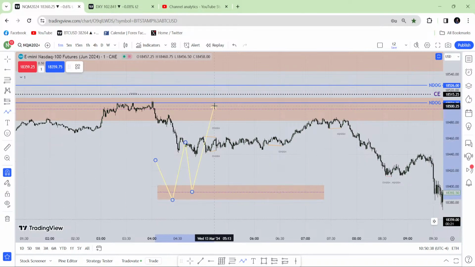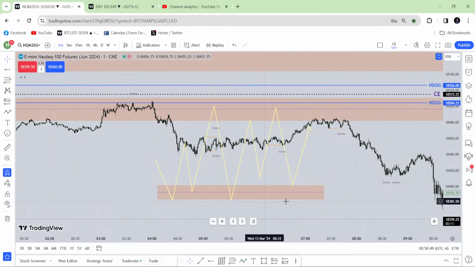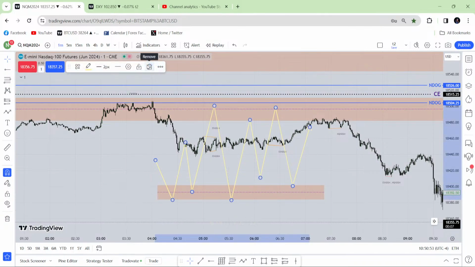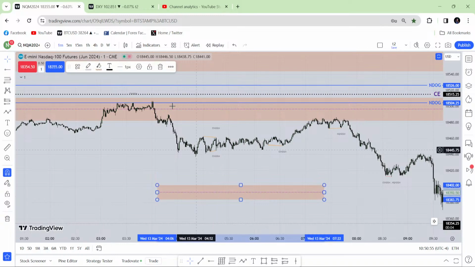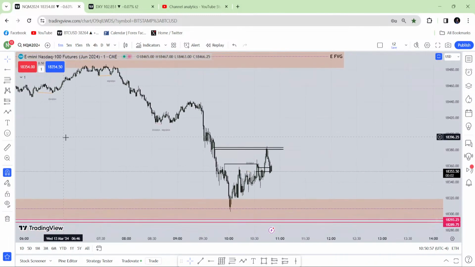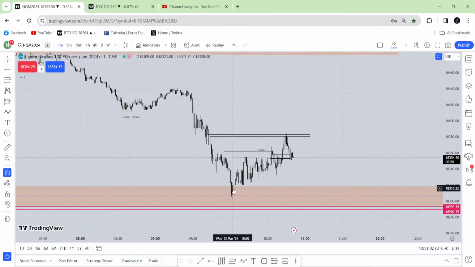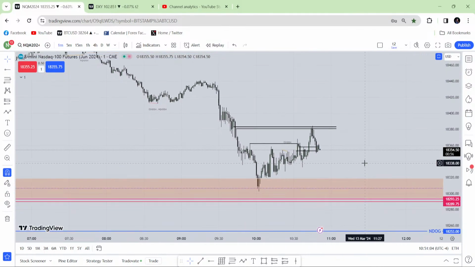It came here, it went higher. Something like this, okay? This zone is the relatively equal lows zone. It's your understanding or your experience. There is no limit that it has to be like 2.3 points, nothing like that.